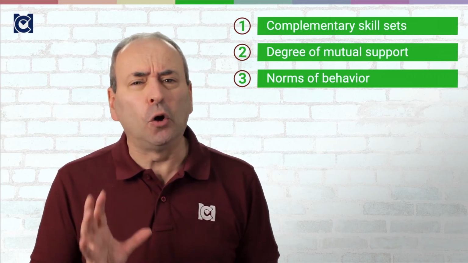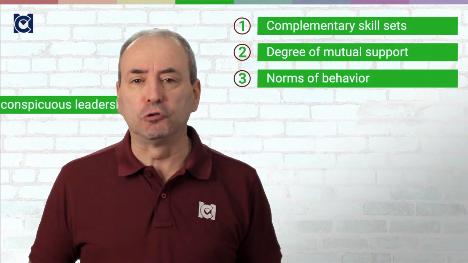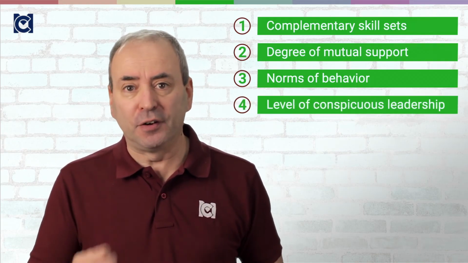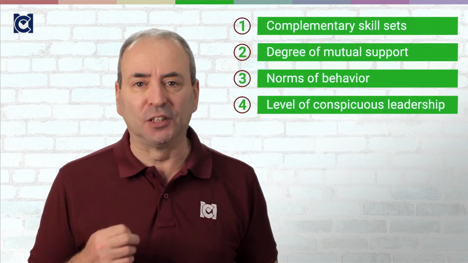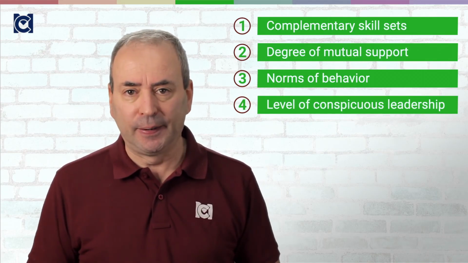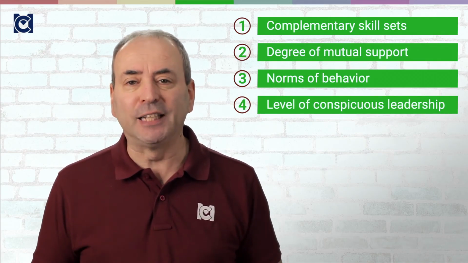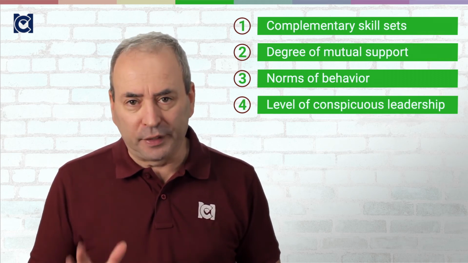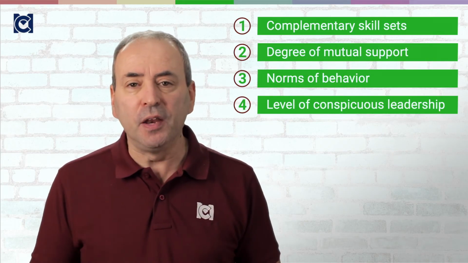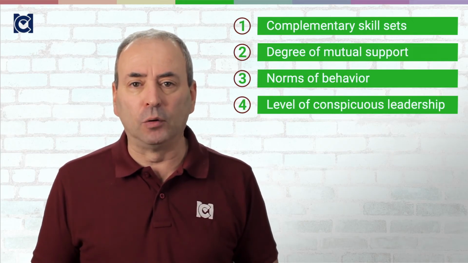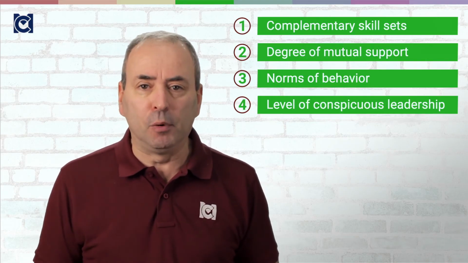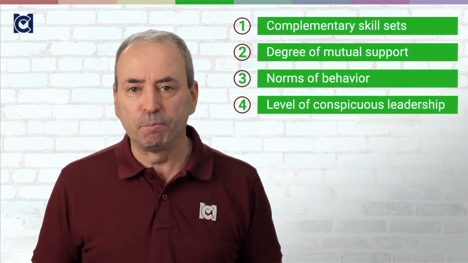Fourth, and this isn't always true, but by and large groups need conspicuous leadership. They need someone to stand at the front of the group and tell it what it needs to do and how it needs to do it. Teams are far less reliant on overt leadership. What this means is that individuals within the team can take leadership roles as the team's agenda migrates from one thing to another. Different people will step up and take the lead.